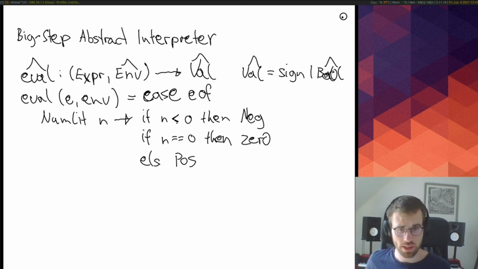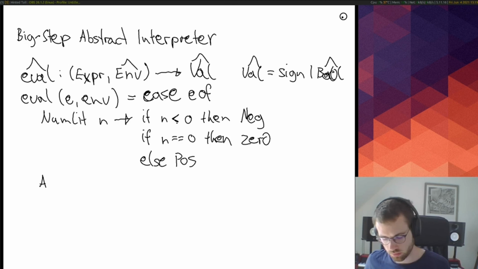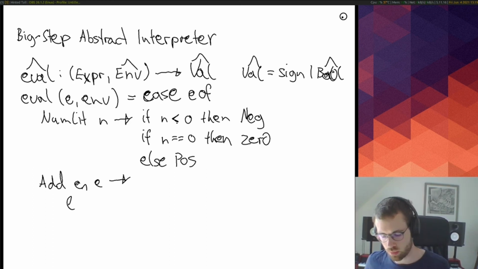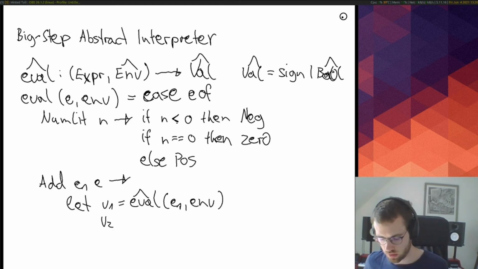Let's do one more case here. For addition, E1 and E2. Here again we do the exact same thing as in the concrete case. In particular, we evaluate both of the sub-expressions to an abstract value. So we have V1 = eval hat E1 env hat, and we have V2 = eval hat E2 env hat.